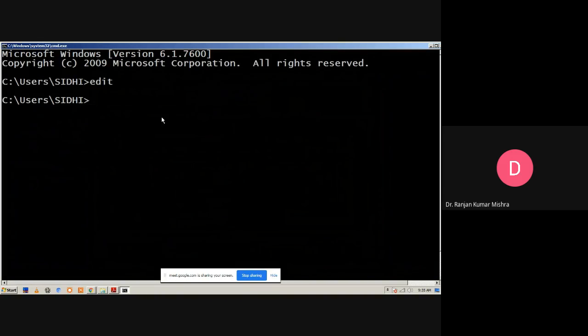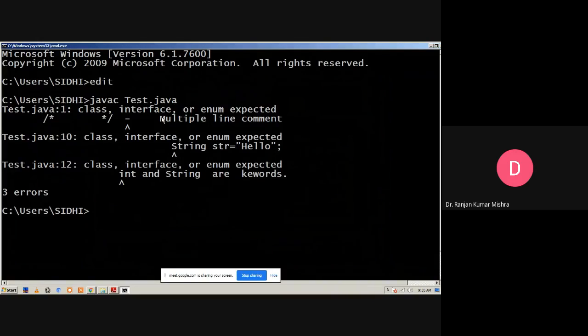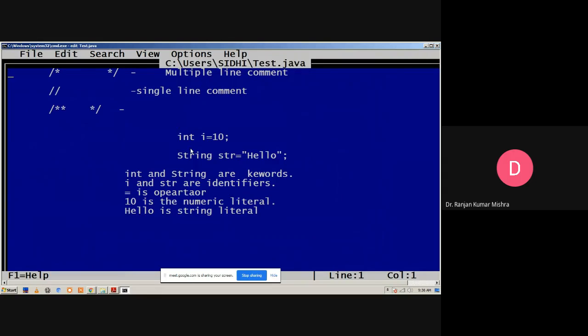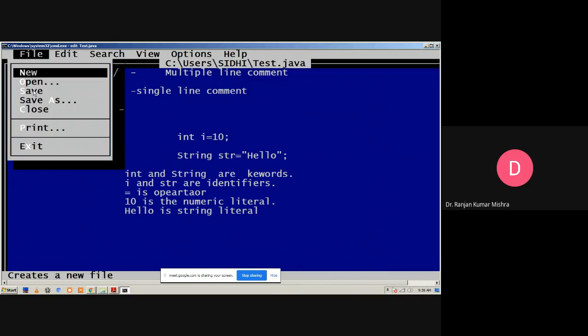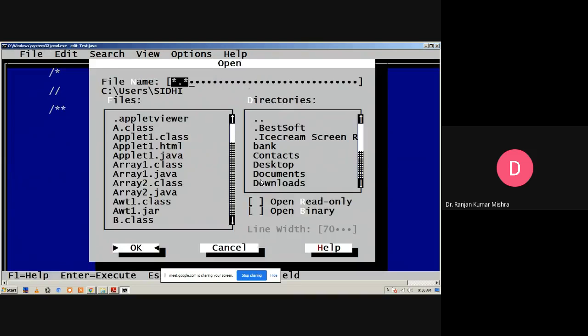Okay, now compile, javac Test.java. Now edit Test.java. Basically this will be overwritten. Okay, open.